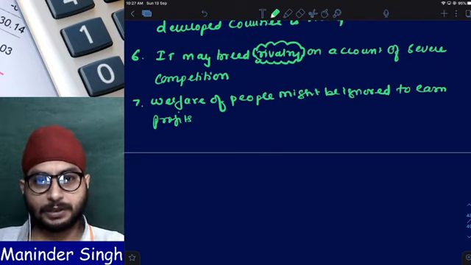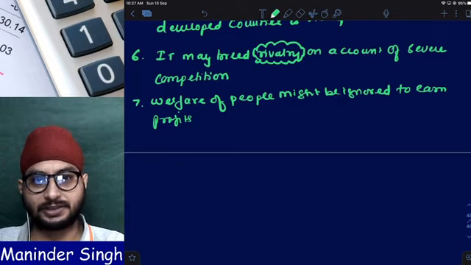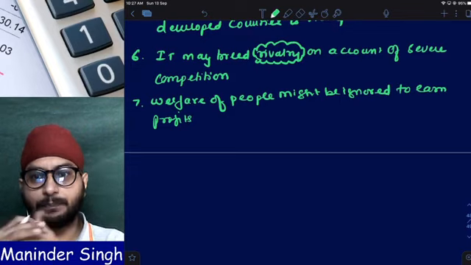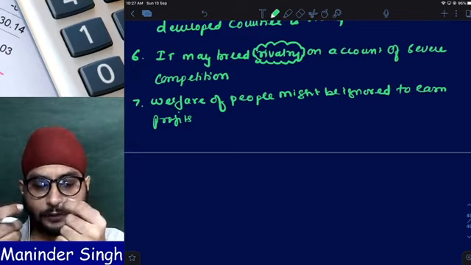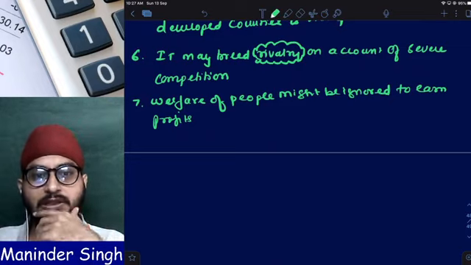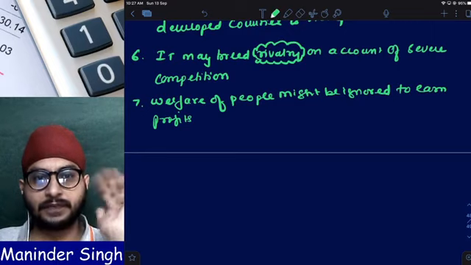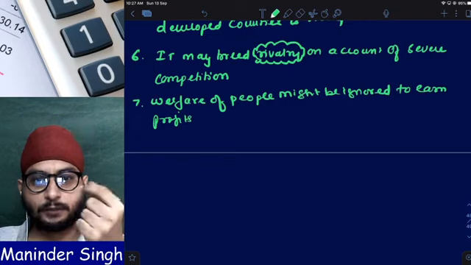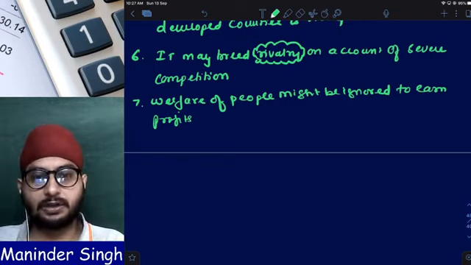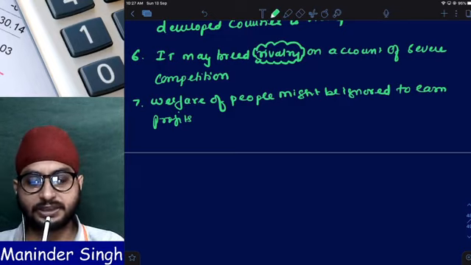Foreign companies are coming to India, like McDonald's, KFC, IKEA, Microsoft. Now tell, how many companies will take care of their employees, their people? They are least bothered about people, right? They are only bothered about profits. If we can earn profits in a particular country, we will come. Otherwise, we will not come. Let people go to hell. People may suffer, but we want profits. Simple. If profits are there, we will come. If profits are not there, we will not come. Now tell, again, is this a disadvantage or not?